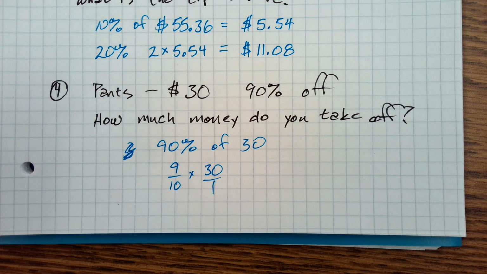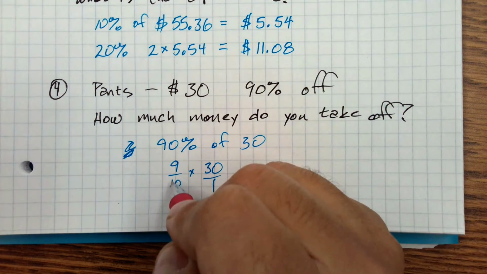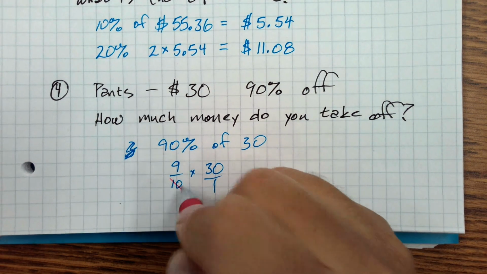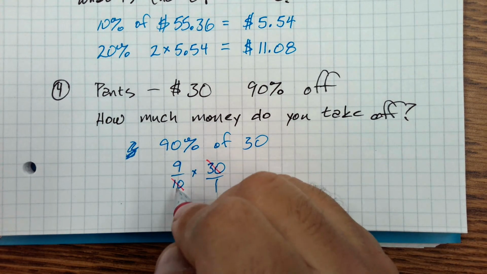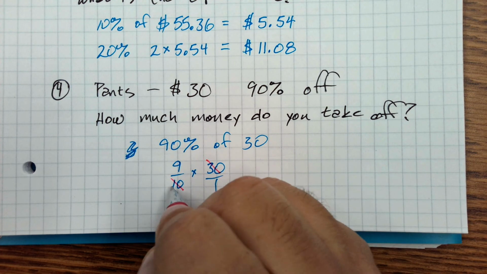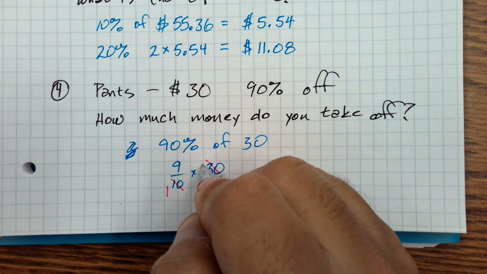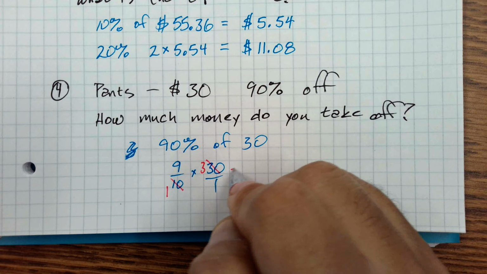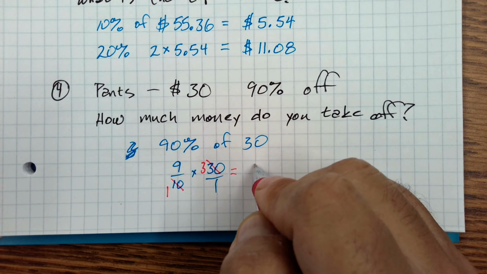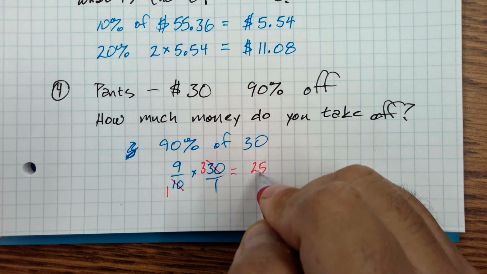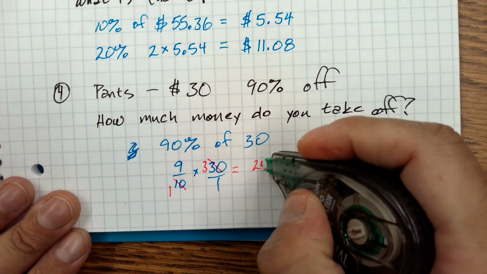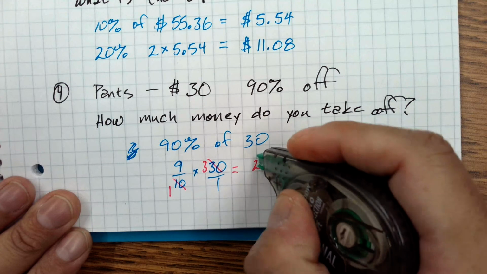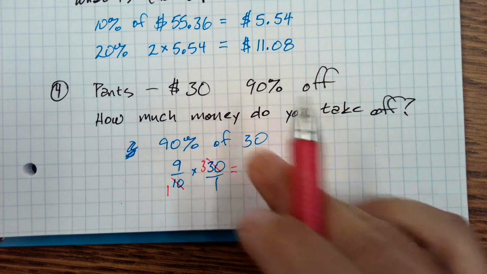That's 270 over 10, which is 27. They could all work, but we're just trying to figure out different ways to do it mentally. This is your brain process, is what I'm saying.